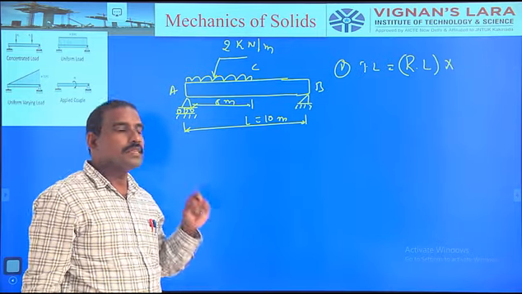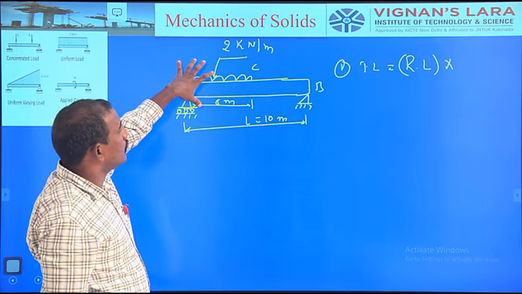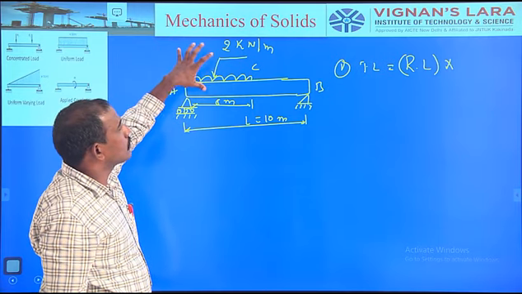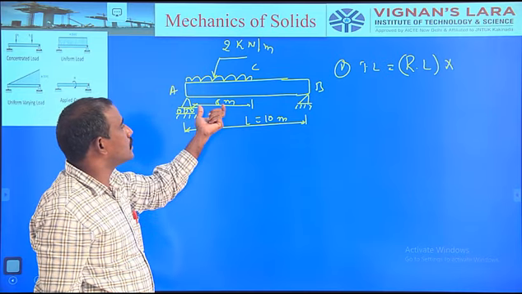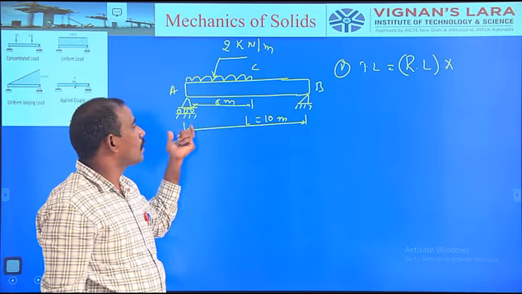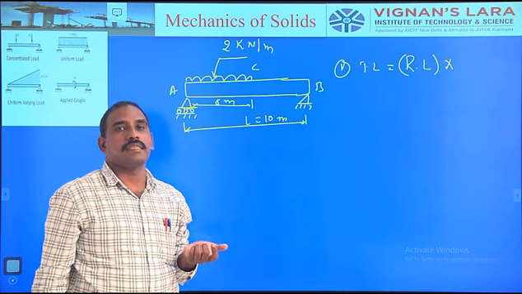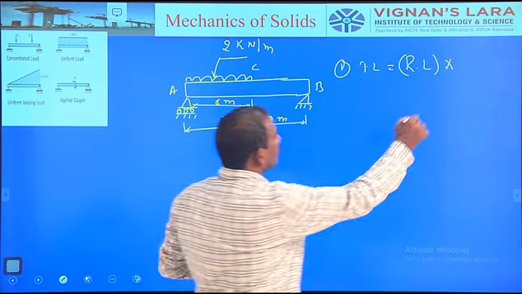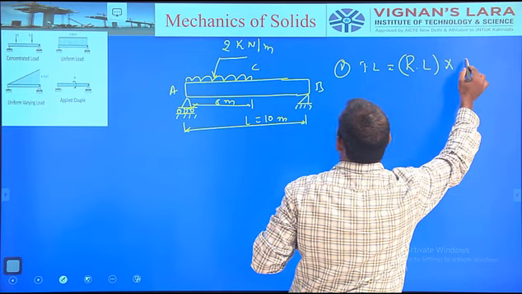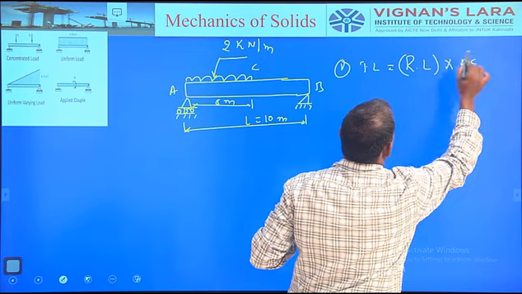All of you listen carefully. Here the 2 kilonewtons per meter load is distributed over a distance of 5 meters only, not 10 meters. This is very important. So here we have to take 5 only, that is the length of AC only.